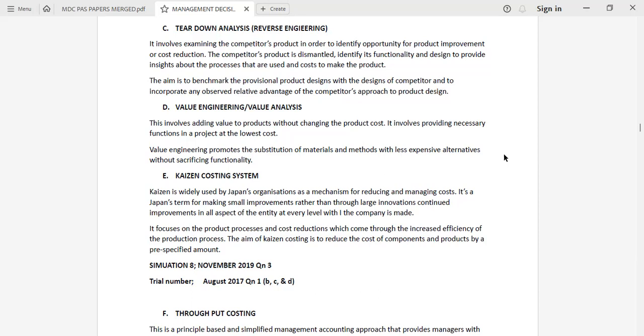So in tier down analysis, or what we call the reverse engineering, reverse means something that is going backward. In other words, if you have the product, you start going backwards and you start looking at the ingredients which made the product.